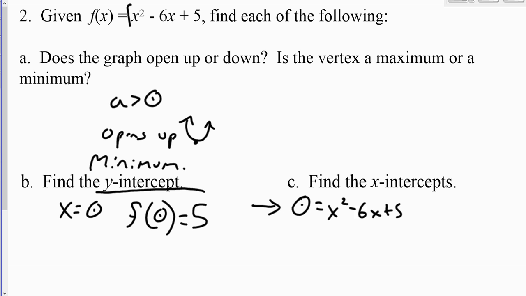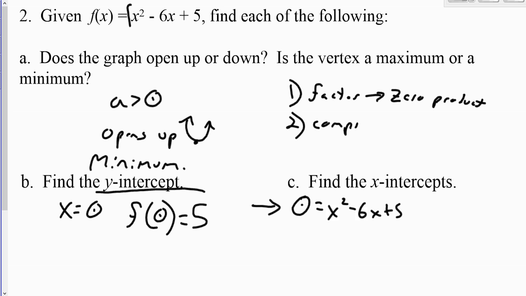To solve a quadratic, we have more or less 3 strategies. Our first one is trying to factor, and then the zero product property. Our second strategy is completing the square. Our third strategy is the quadratic formula.